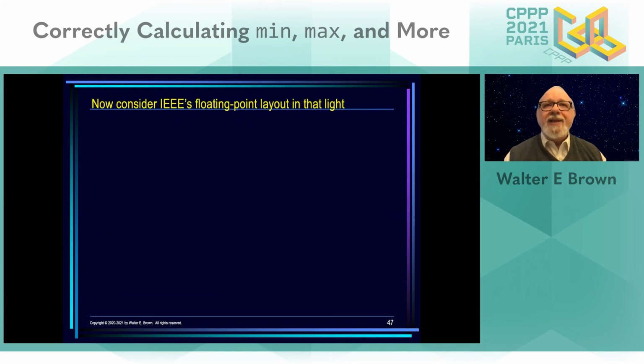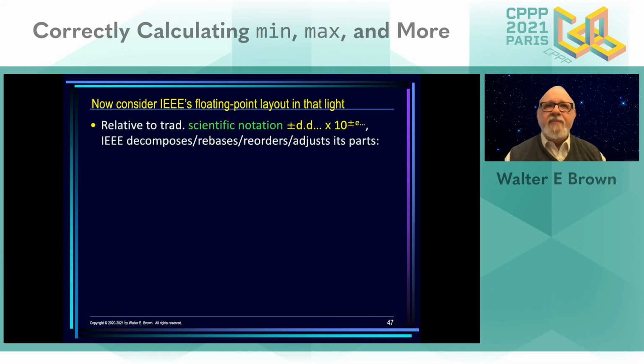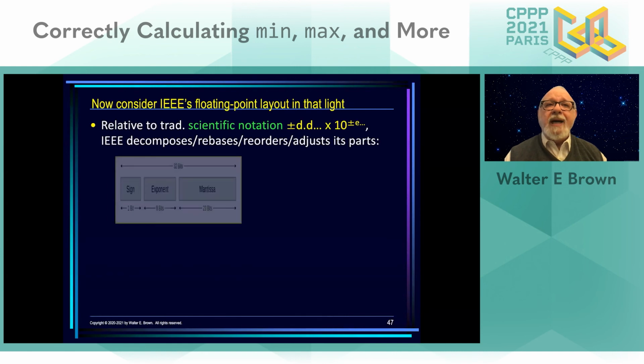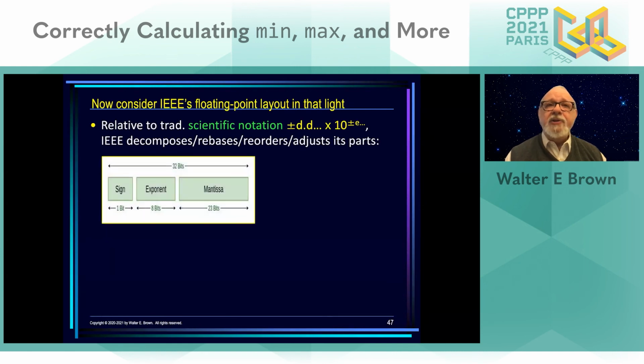Now, consider the layout of an IEEE floating point number, keeping that in mind. It starts with the traditional scientific notation, but IEEE decomposes, rebases, reorders, and then adjusts the parts. The most obvious is we change everything to bits, so we have base 2. But if you have a 32-bit floating point number, there's a 1-bit sign, an 8-bit exponent, followed by a 23-bit mantissa.